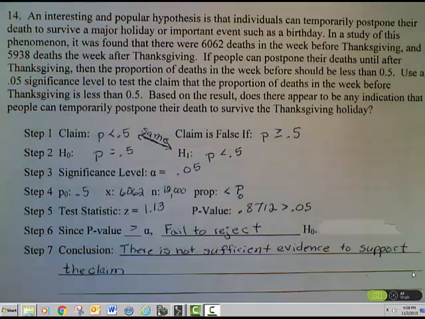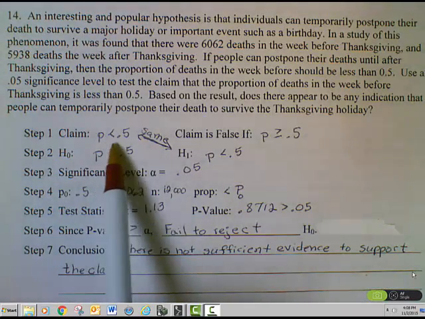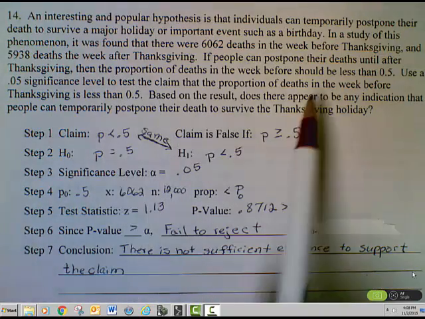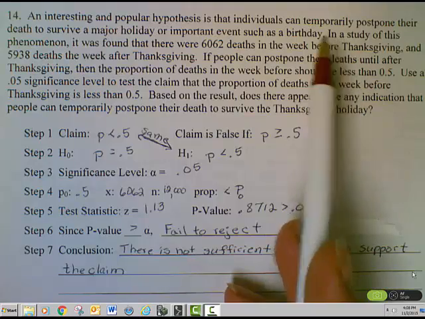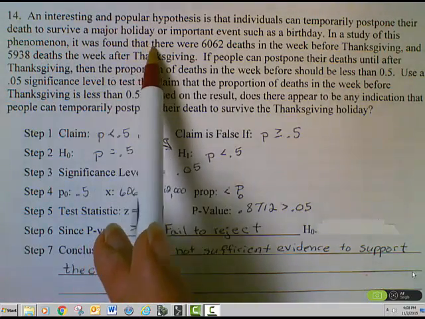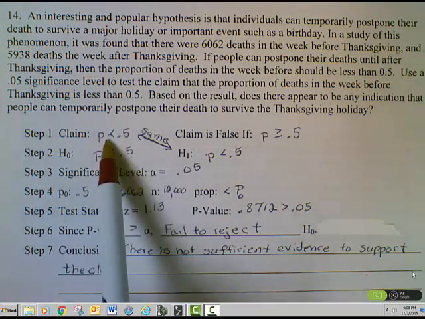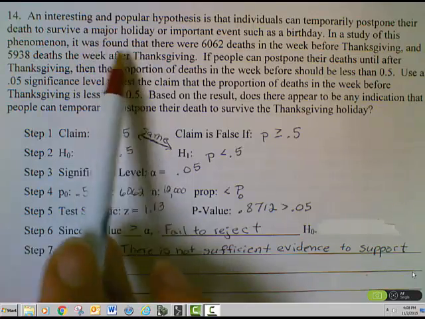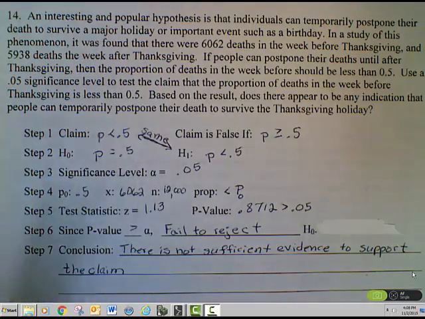people died after Thanksgiving. If the proportion who died before Thanksgiving was less than 0.5, we were going to say that it is possible for individuals to temporarily postpone their deaths to survive a major holiday. If less than half died before Thanksgiving and more than half died after, then it looks like folks could postpone their death.